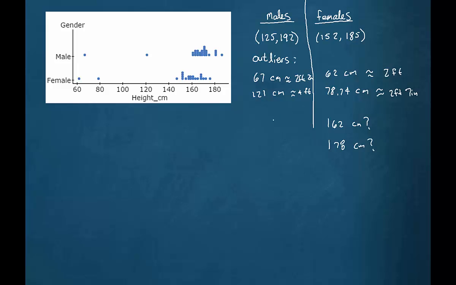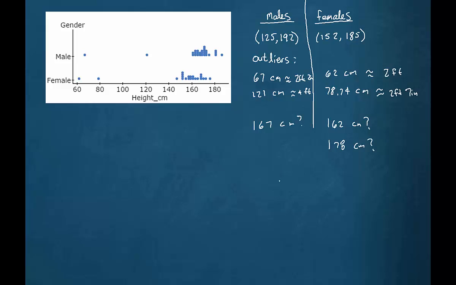And a quick search of the internet will tell us that the average height for a male adult with dwarfism actually is right around 4 feet. So this may not be an errant data value, but the 67 certainly is. So perhaps it was intended that this would be a 167 centimeter measure.